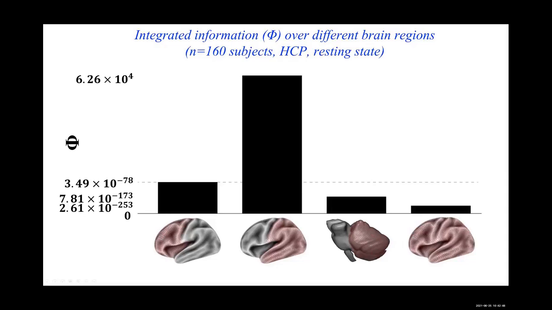And importantly, if you apply the measurement to the cortex as a whole, far from going up, they go down. And that is because, evidently, while everything is connected and integrated, if you wish, the cortex as a whole is not as irreducible as some parts of it. This is literally, again, what phi measures when it tells you what the borders are of what exists maximally, okay?